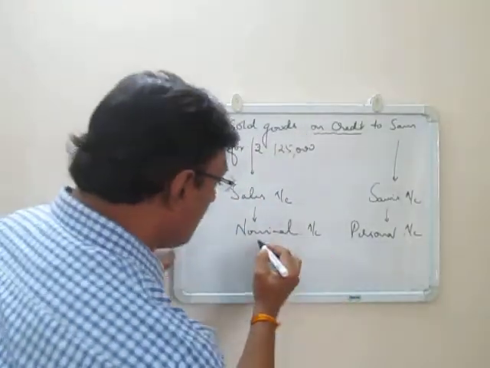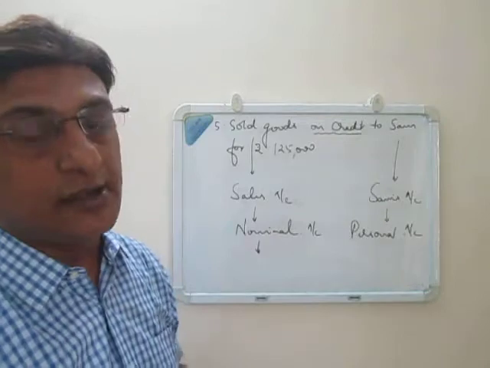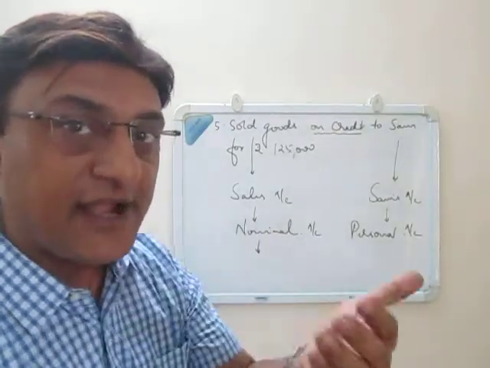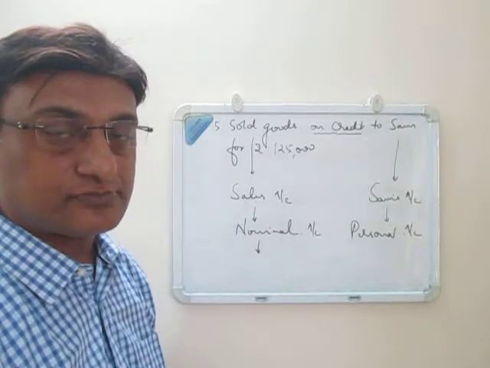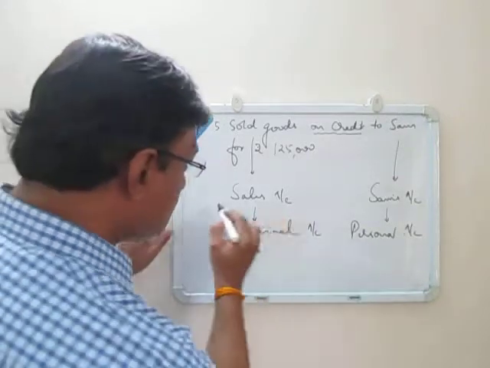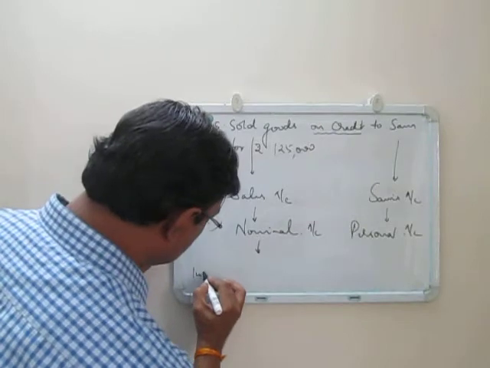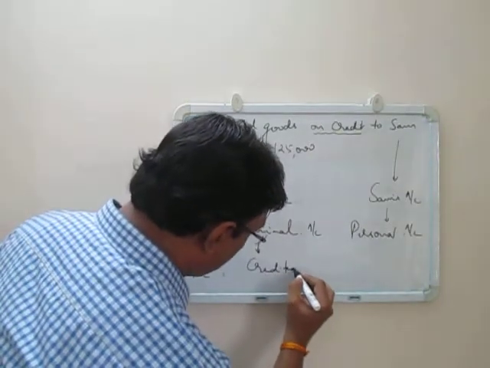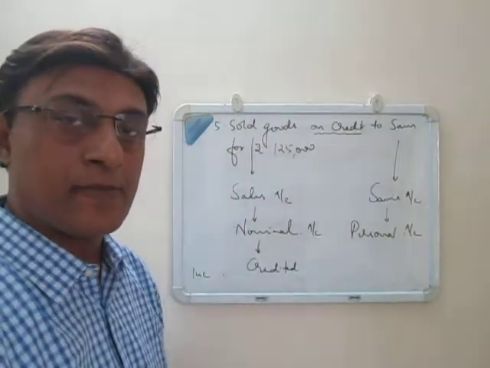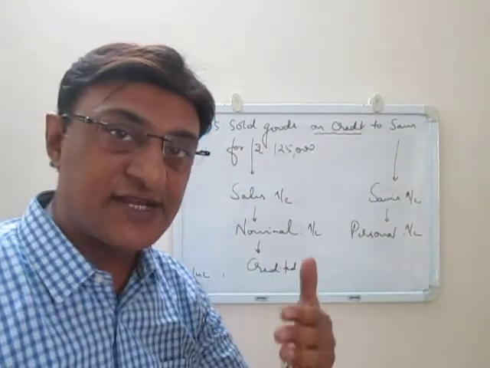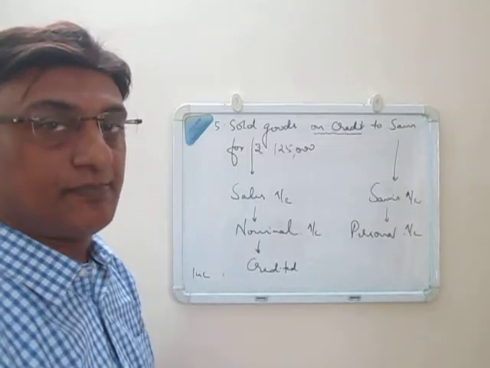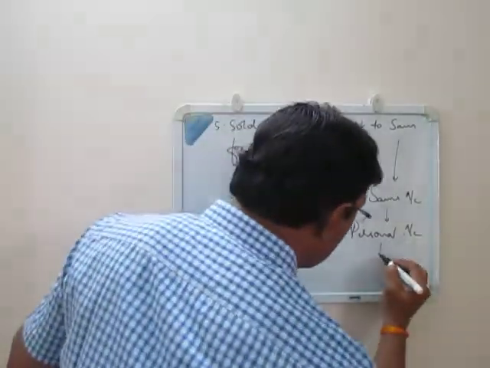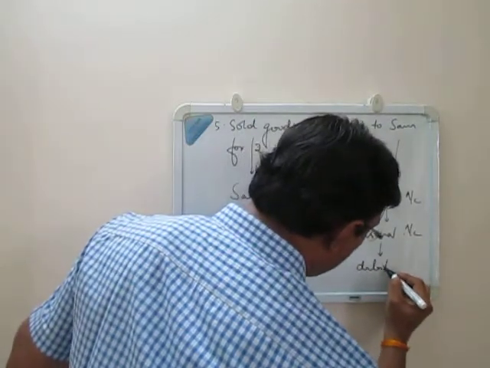A nominal account is debited if it is an expense, and it is credited if it is an income. So here sales account is an income. It has to be credited. The benefit of the transaction is given to Sam. Debit the receiver of benefit. Sam is debited.